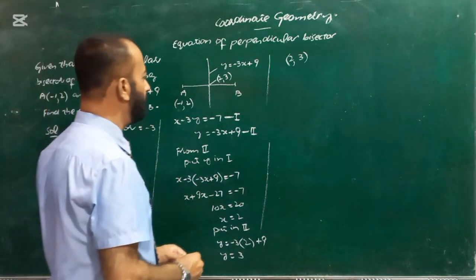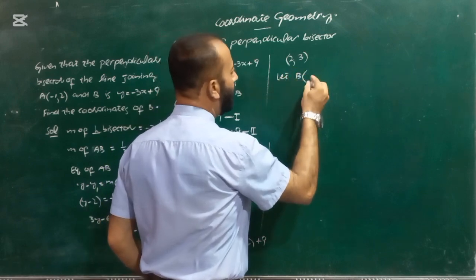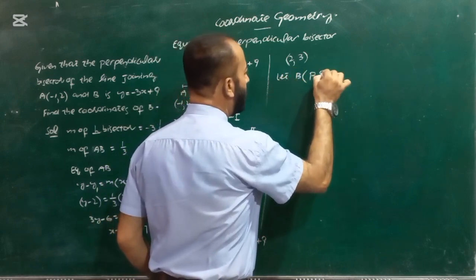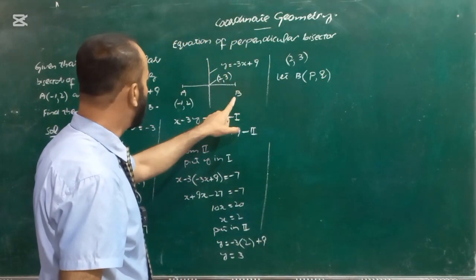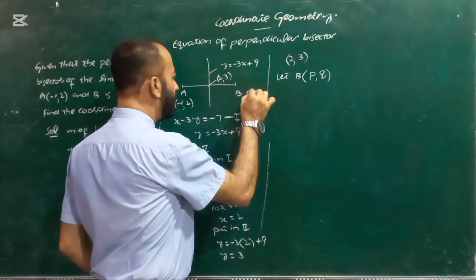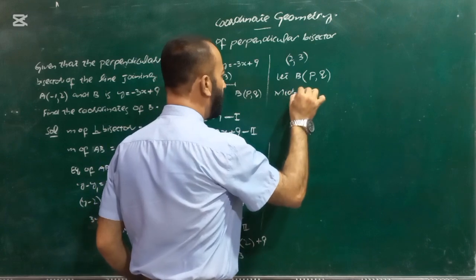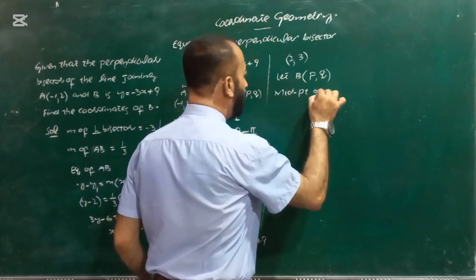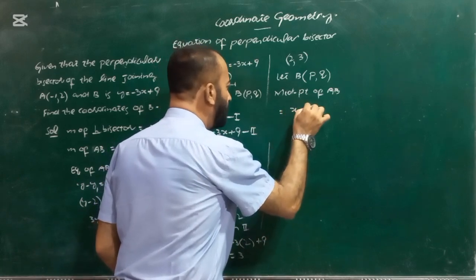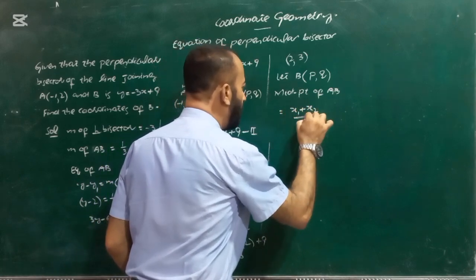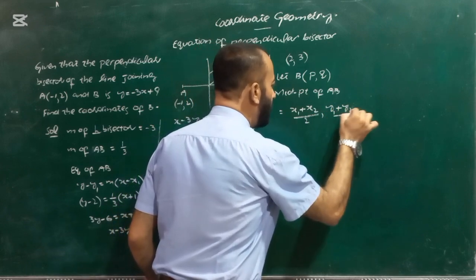So let's suppose we let B be (P, Q). Now we are going to find the midpoint of AB. The formula used is (x1 plus x2) divided by 2 and (y1 plus y2) divided by 2.